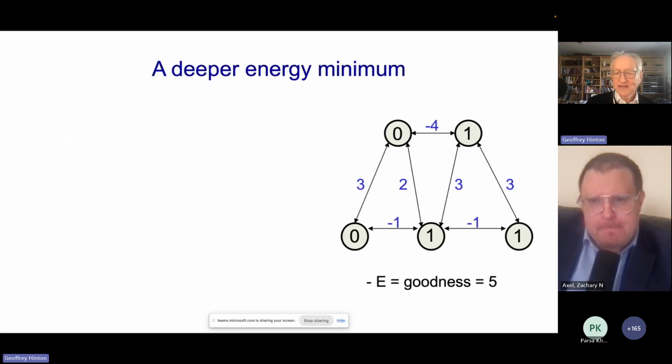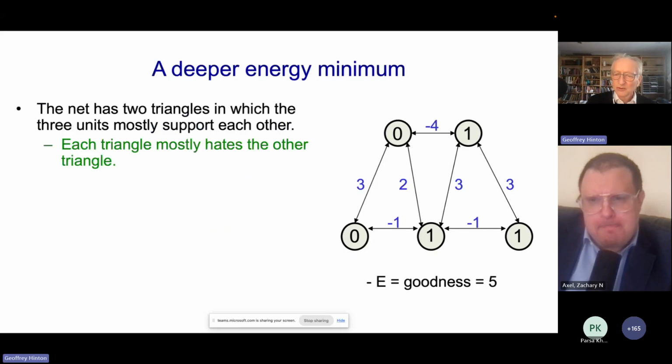But if you take this same network, there's actually a deeper energy minimum, which is having the right-hand triangle on. So the net's got 2 triangles. It's a bit like the American political system. In these triangles, you tend to have positive weights between neurons, and the 2 triangles hate each other. So you have that big negative weight of -4 between the 2 triangles, even though one unit is involved in both triangles.